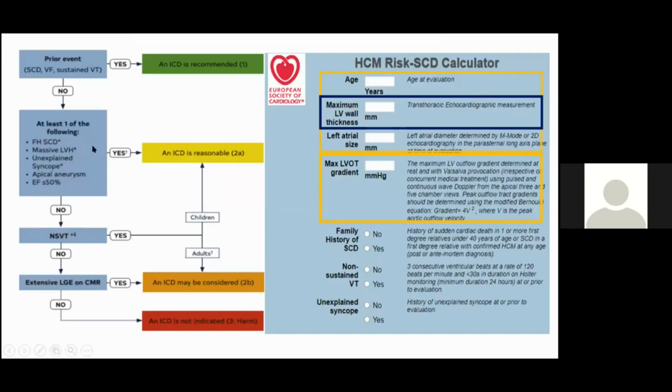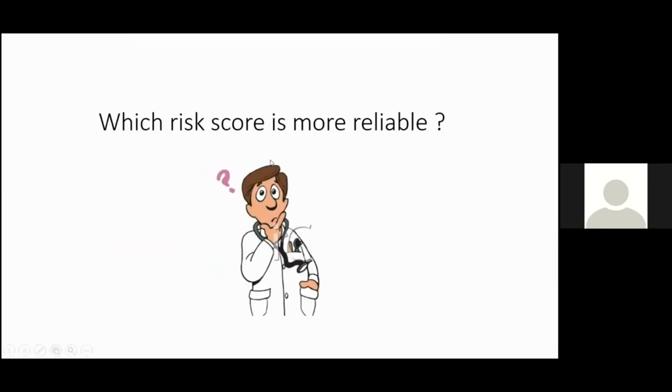So patients who have a left ventricular wall thickness higher than 30 millimeters are considered as having a risk factor, and those who have a left ventricular wall thickness less than 30 millimeters are not considered to have a risk factor.